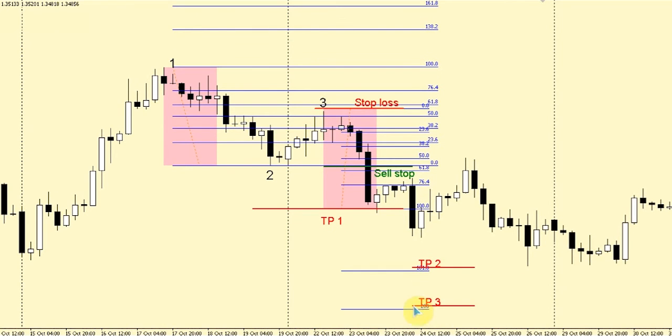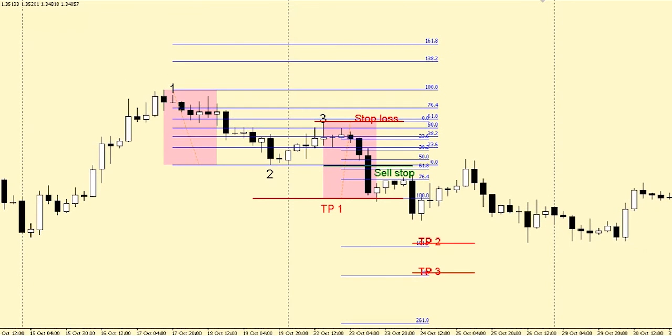stop loss. It is recommended to set it behind the first point, which is of course a bit far, but quite a safe distance.